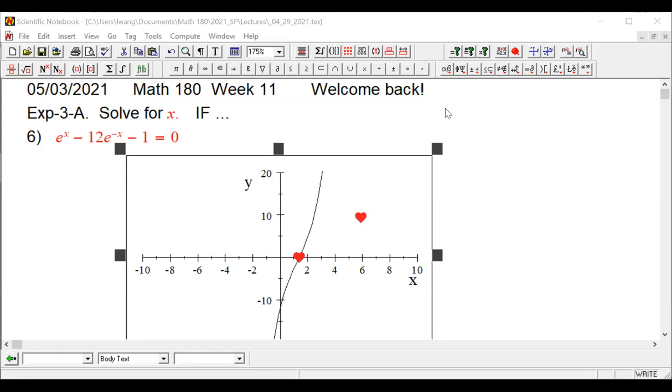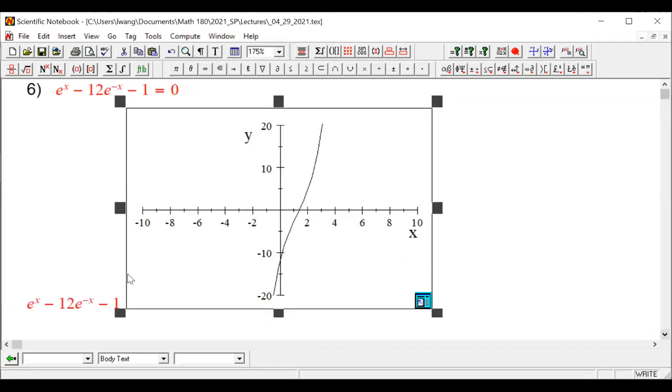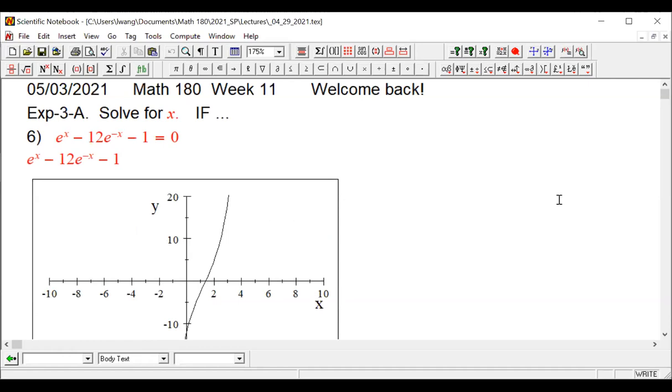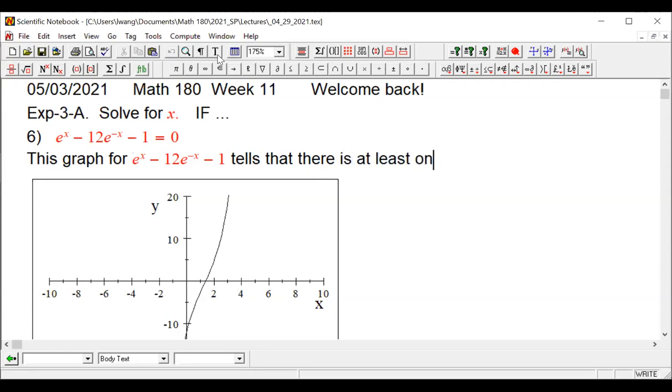All right, so without further ado, let's find the precise value. Okay, so the graph, let me put this narrative: this graph tells that there might be one, or you can say there is at least one solution.